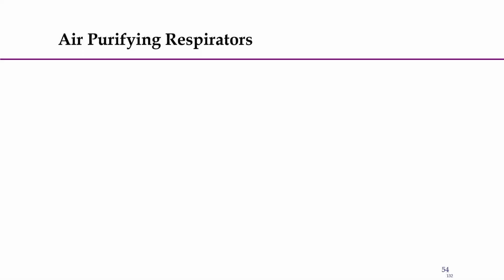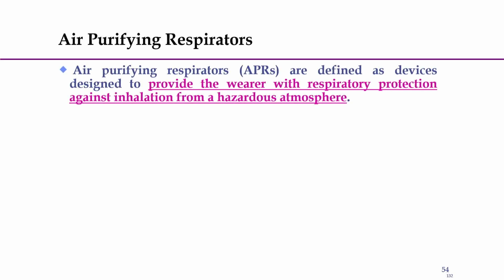Okay. Then coming to the air purifying respirators. So, APR, air purifying respirators, are defined as devices which provide the wearer with respiratory protection against inhalation from the hazardous atmosphere. So, that is very crucial for human health protection, where it protects against very fine particles.